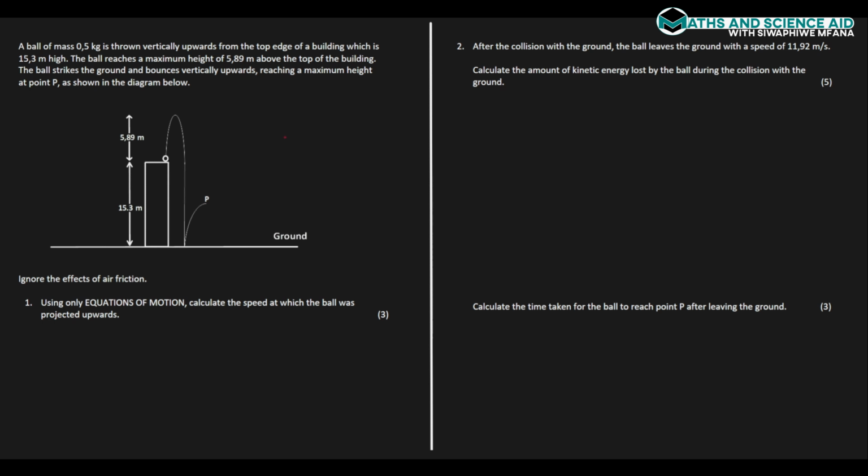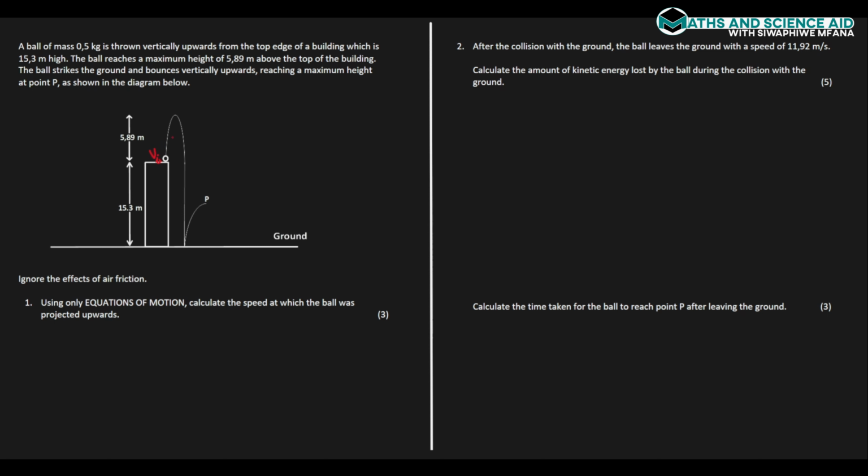Basically, we need to work out the velocity of this ball when it was being thrown vertically upwards. And since this was its starting velocity, we can refer to it as its initial velocity. We are not provided with any additional information with regards to the velocity of this ball during this motion.